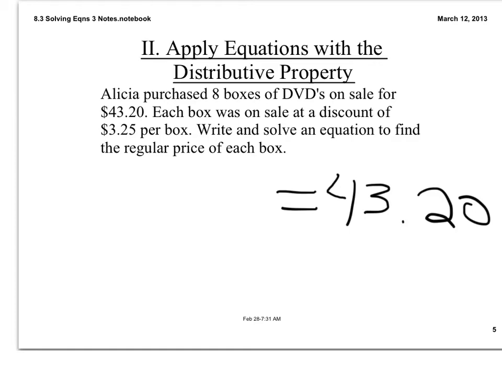As a result, the price for each box, the regular price, will be x. Each one is on sale for $3.25 less. Alicia bought 8 of them, so you have to multiply the price of each sale one times 8.